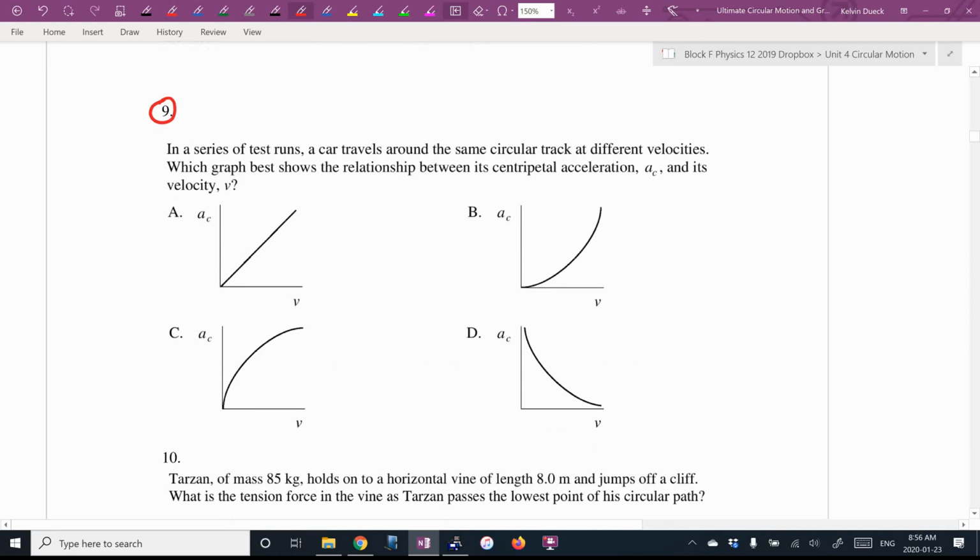Number 9 is good. Number 9 is asking you a graph, and it's saying which shows the relationship. Remember I taught you graphing tricks? It says, what's the relationship between A and V? What's the equation that has A and V in it for moving in a circle? A equals? Say it louder.